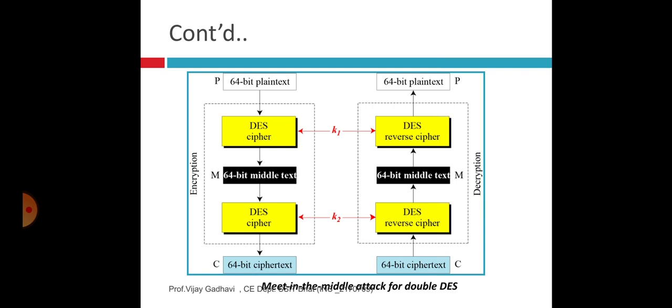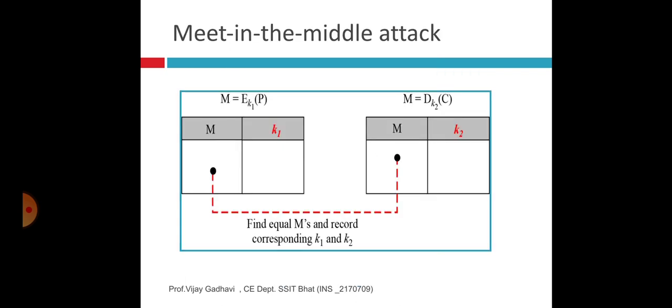Now in the DES cipher, the middle 64-bit text M is converted by using the DES algorithm and keys. In the meet-in-the-middle attack, we find equal M's and record the corresponding K1 and K2.